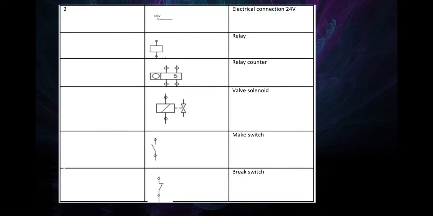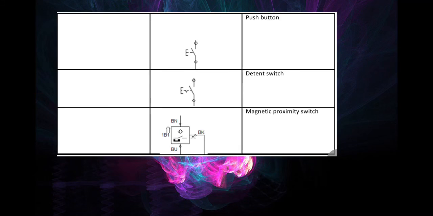For circuit number 2, the first component is the electrical connection, 24 volt. The second component is the relay and relay counter, valve solenoid, mag switch, brake switch, push button, detent switch, and the last component is the magnetic proximity switch.